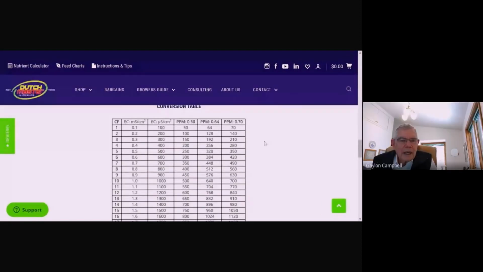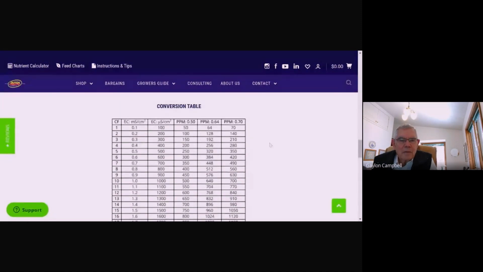But for at least a couple of nutrient solutions that are used for cannabis, it ends up pretty easy: something like 1,000 parts per million is about 1 decisiemens per meter. But if you have table salt, for example, 1,000 parts per million would be 2 decisiemens per meter.